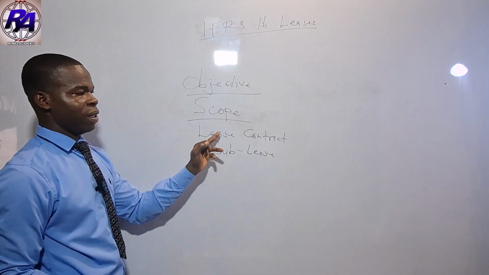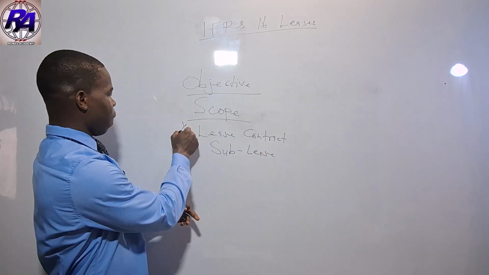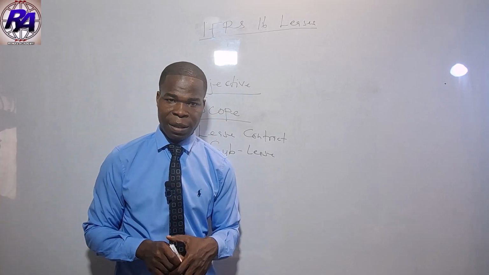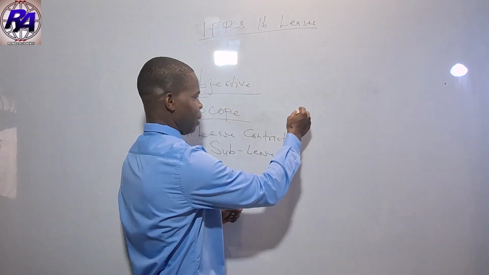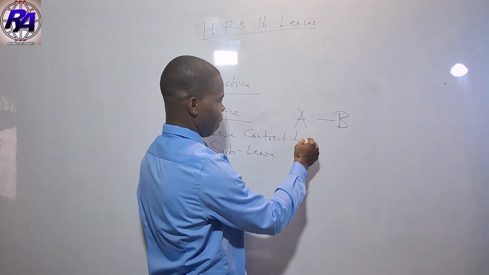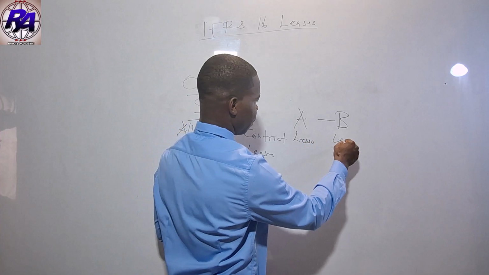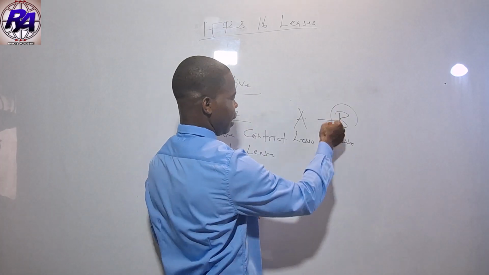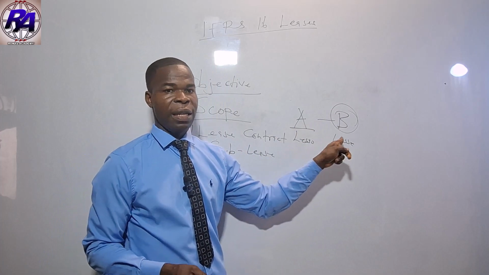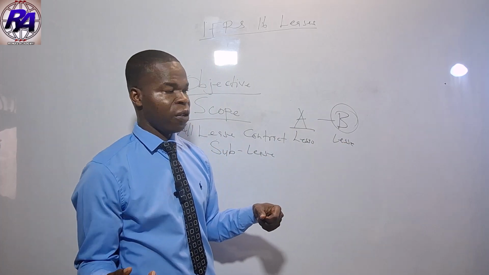So the standard covers all lease contracts and sub-lease contracts. When we talk about sub-lease, let's say this is A and B. This is the lessor, and this is the lessee. That means B has leased an asset from A. We will look at the meaning of lessor and lessee very soon with the definition of terms.